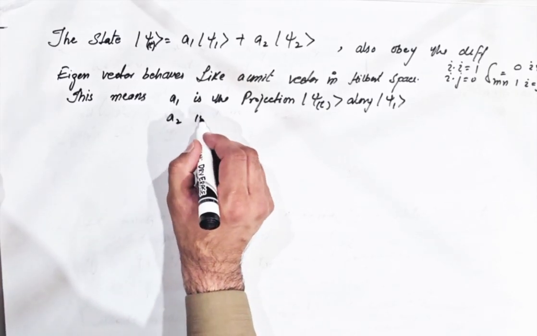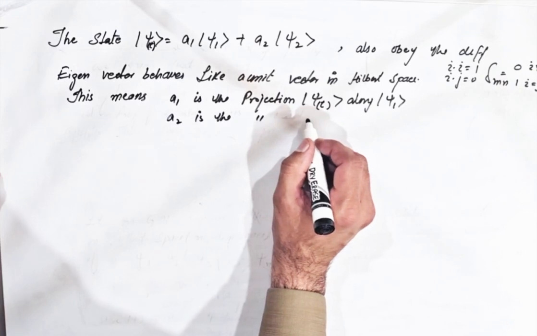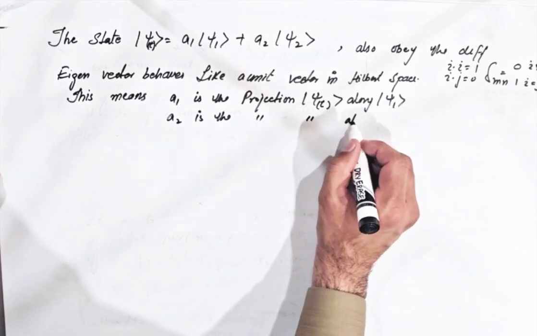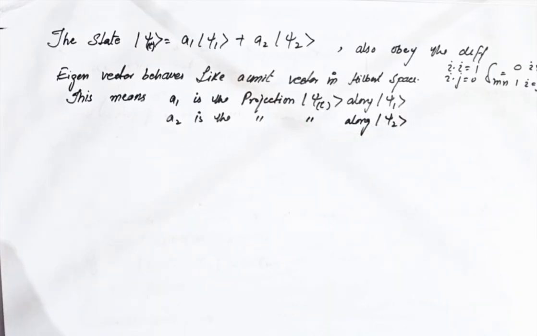Similarly, A2 is the projection of state vector psi along psi 2.